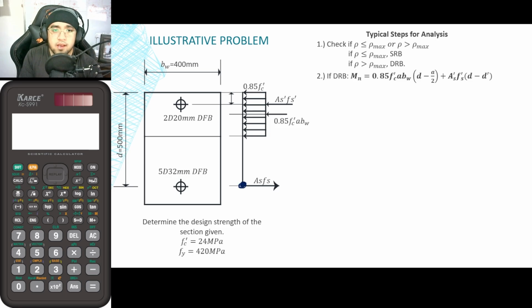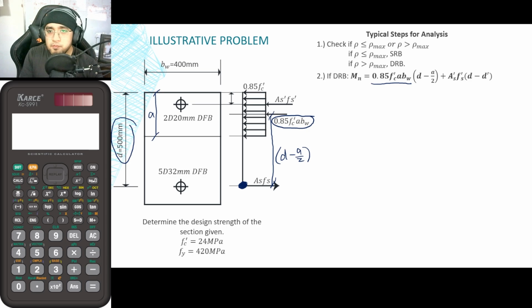For this particular resultant, its lever arm would be this dimension here. If this is the value of d, and this is the value of a over 2, then my lever arm here is d minus a over 2. Thus, 0.85 times f'c times ab_w times the lever arm of d minus a over 2.